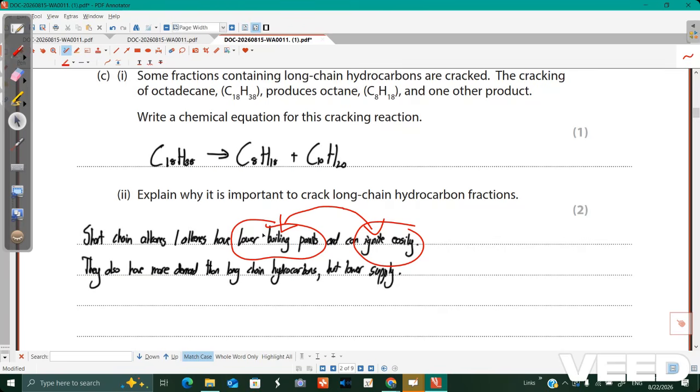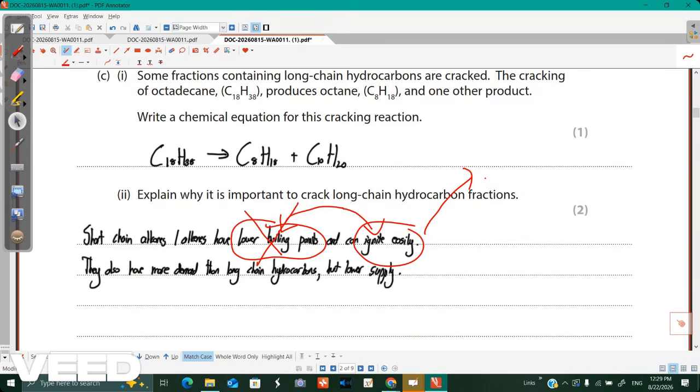It depends on your application. If it is getting vaporized quickly, sometimes it is a disadvantage. So I can't accept this answer. Having a lower boiling point, you can't tell its advantage. Ignite easily is not a general answer. Ignite easily for what? Ignition means what?